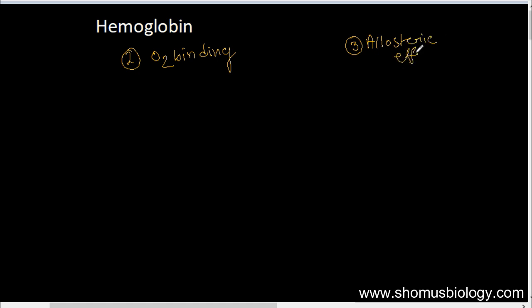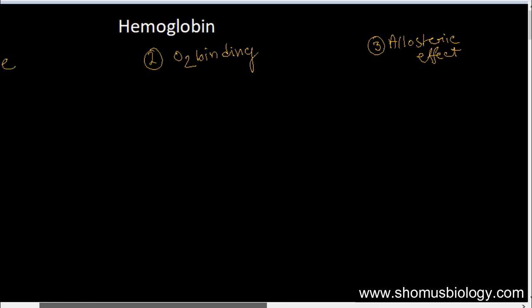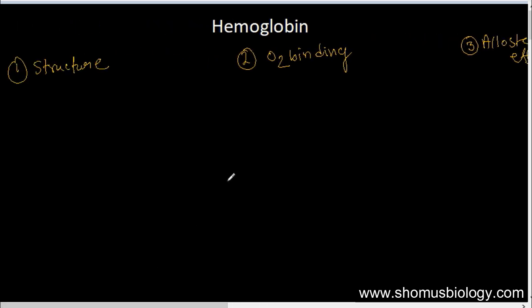And the fourth thing is the effect of carbon monoxide on hemoglobin, which is abbreviated as Hb, capital H, small b. So these four things we'll be talking about in this lecture.